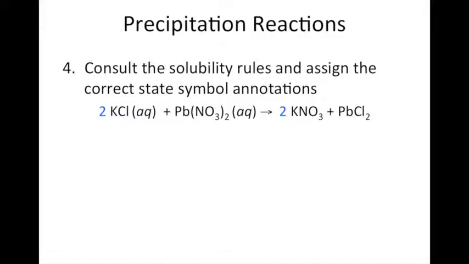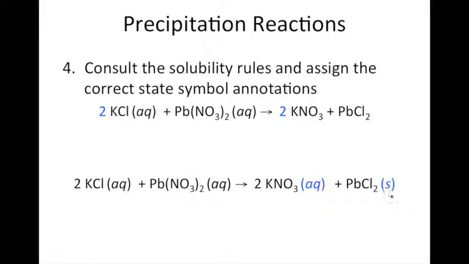So take a look at your solubility rules, and potassium nitrate, that's going to be soluble, so we'll put an AQ after that. The lead chloride, that is insoluble, so we'd put an S to indicate that that will form a solid precipitate.